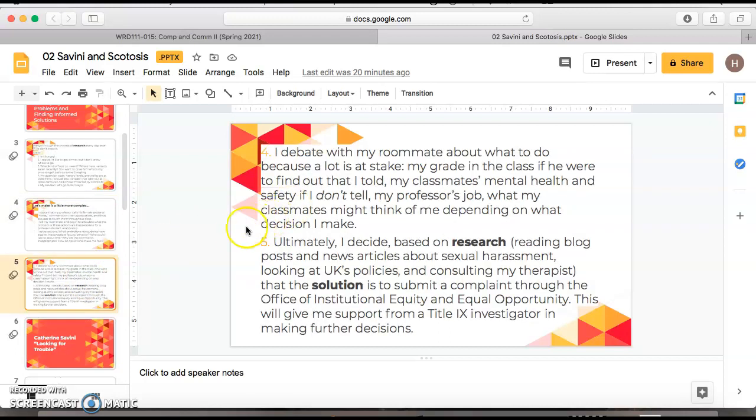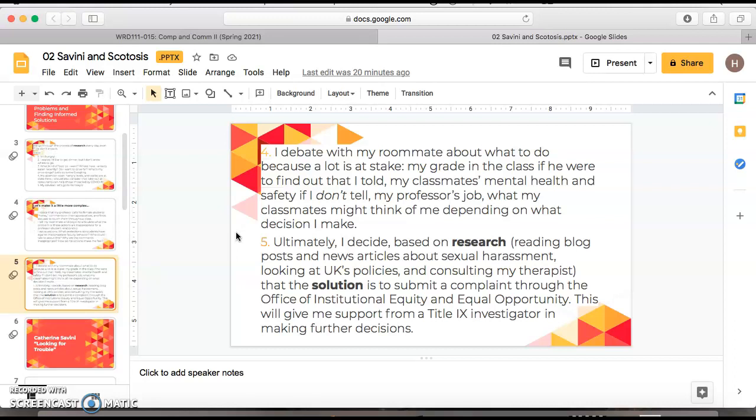I might debate with my roommate about what to do because there's a lot at stake. My grade in the class, if he were to find out that I told people; my female classmates' mental health and safety, if I don't tell; my professor's job; and also what my classmates might think of me depending on what decision I make.